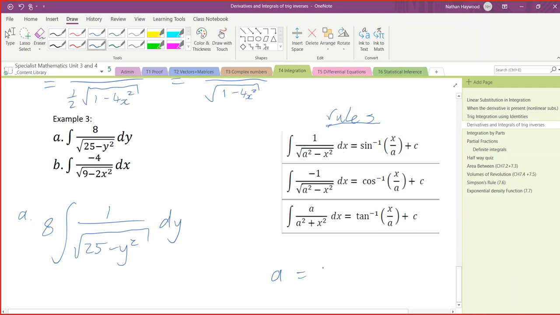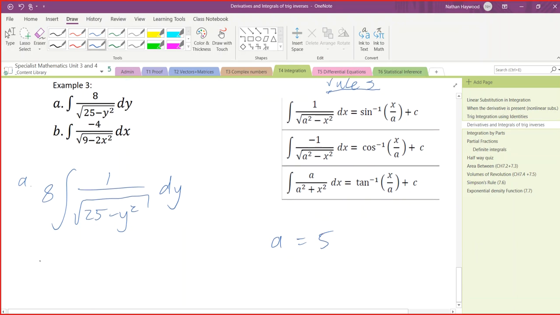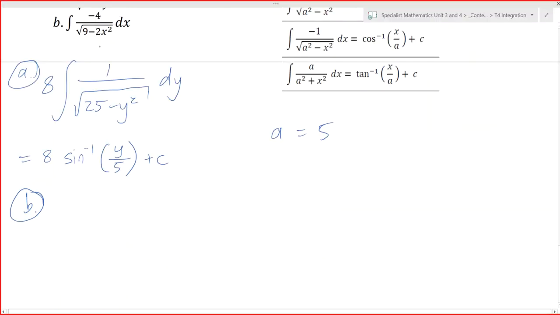You do the square root of that number to get the a value. So now we can integrate. We have arcsin, whoops, there's no x, this is dy, so we've got y over 5 plus c. And that's it, because it's not x by itself like in the rule.